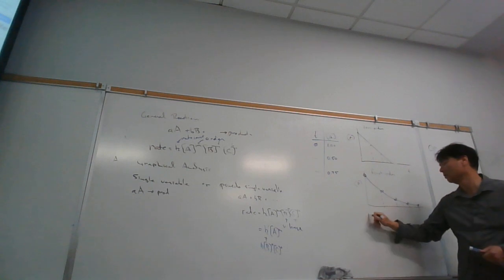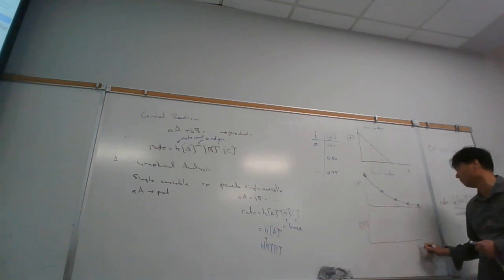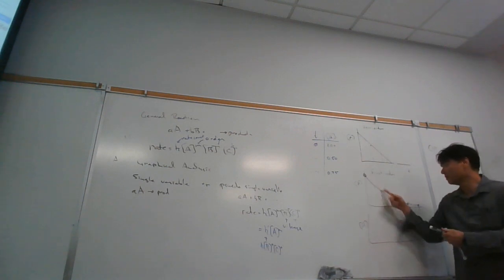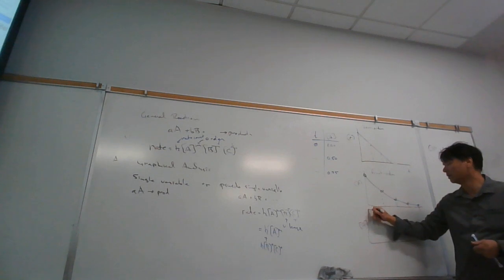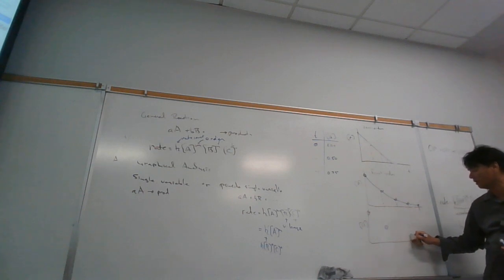Second order, we would plot A versus time, like this. It might start off looking like this, but it would quickly slow down. So the first half-life, but the next half-life would take twice as long.